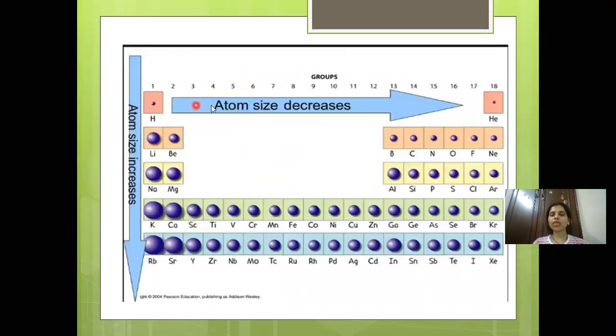Here you can see atomic size is decreasing from left to right, and down the group, when you're going from top to bottom, the atomic size increases. It is always opposite of what happens to the same character when you're moving from left to right. If it is decreasing from left to right, from top to bottom it is going to increase. So it's opposite of that.